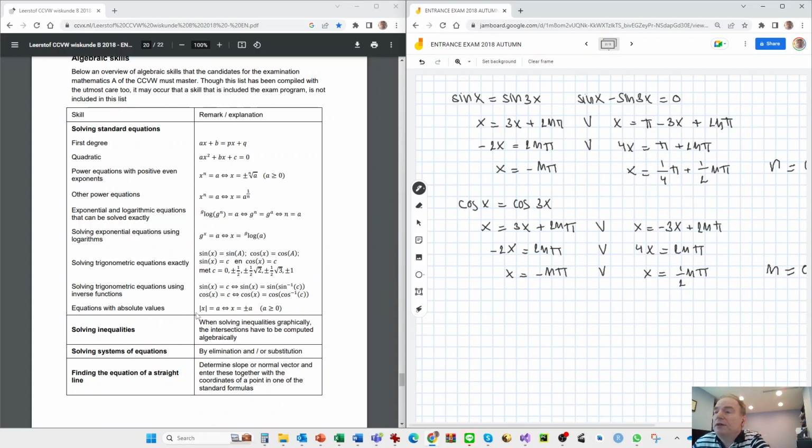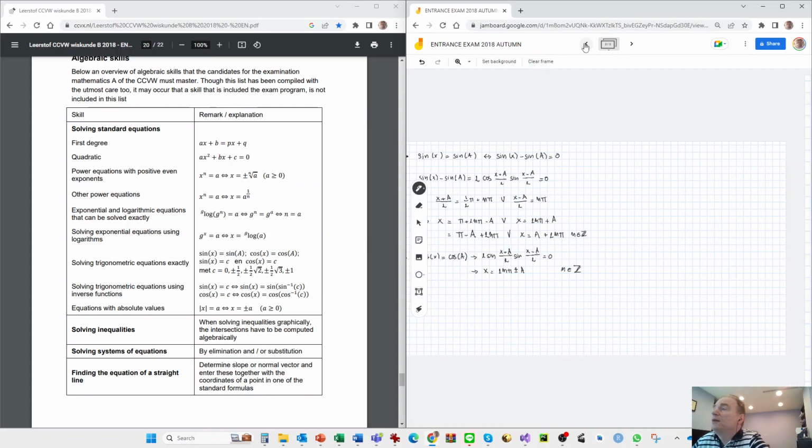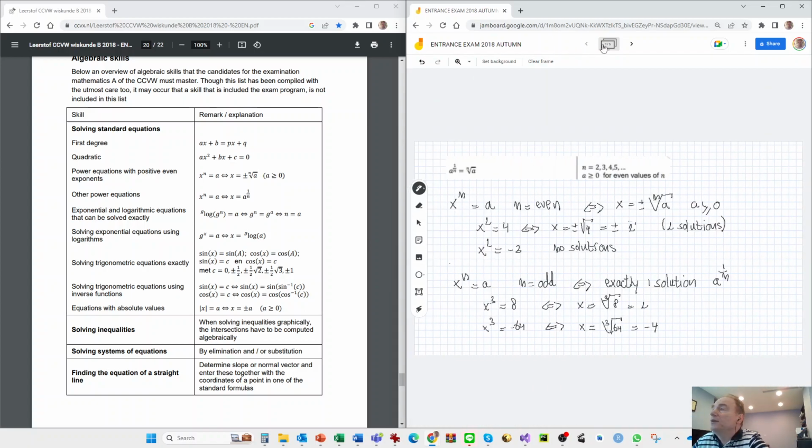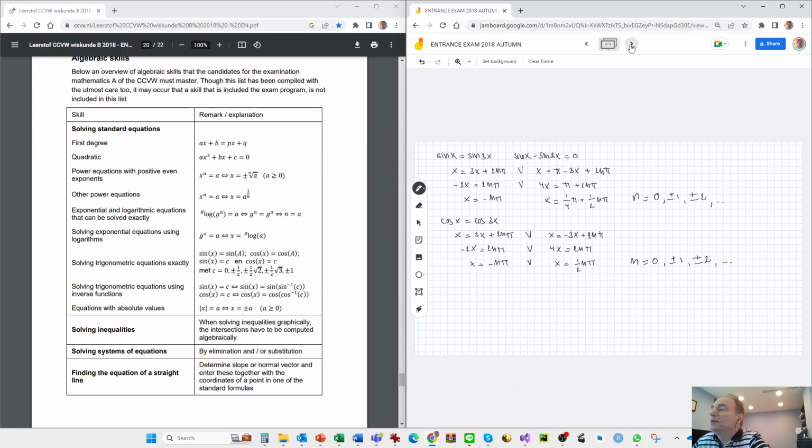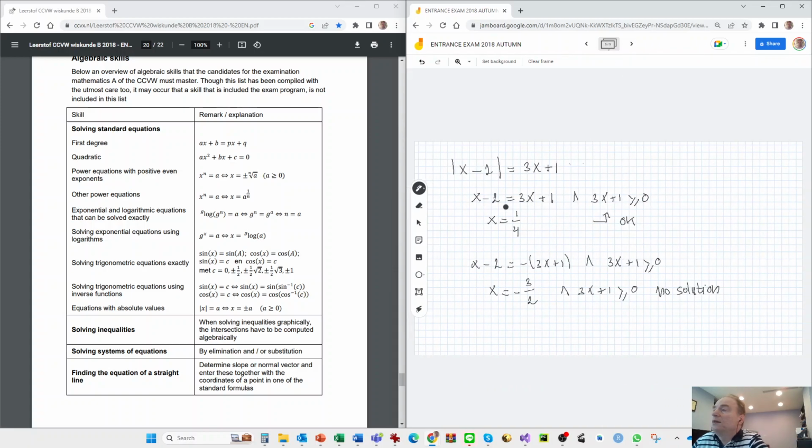Then absolute values. It looks simple on paper, but it can also be tricky. So basically, if the absolute value of x is a, it means that x is plus or minus a, but also a has to be greater or equal than 0. Let me see, I worked out an example of that. Let's say we have the equation absolute value of x minus 2 is 3x plus 1.